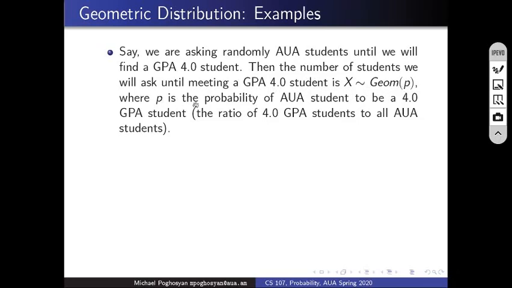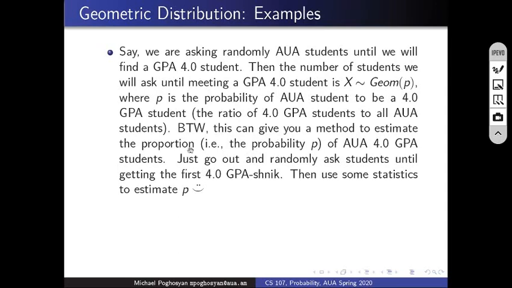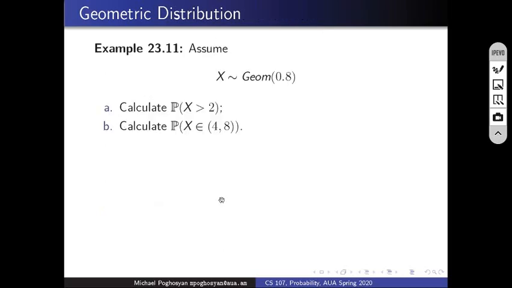And probability p is the probability of an AUA student being a 4 GPA student. So the ratio of 4 GPA students to all AUA students. Well, this p is calculated by using statistics. Okay, and you can give a lot of examples of this type. Now some problems to solve.